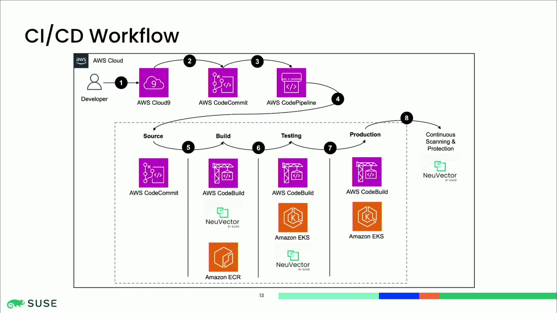So, with NeuVector, I define a policy, a baseline for my application, where I say, for example, it's a web server. So I know that it's fine that the web server process starts. That container listens on port 8080 for incoming traffic. That's fine. I want my website to be delivered.